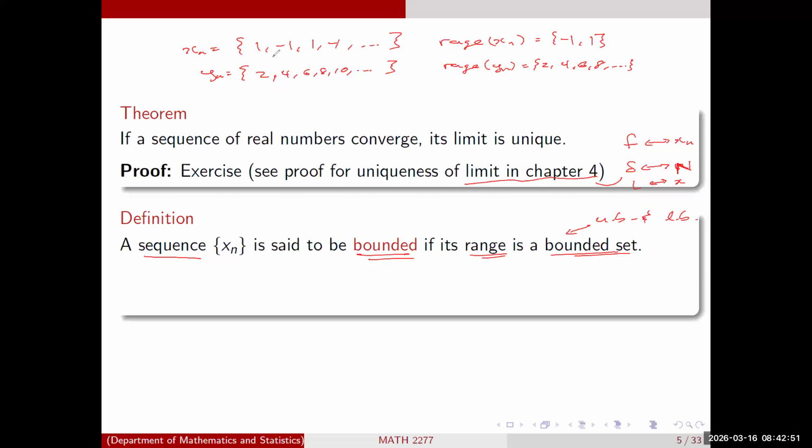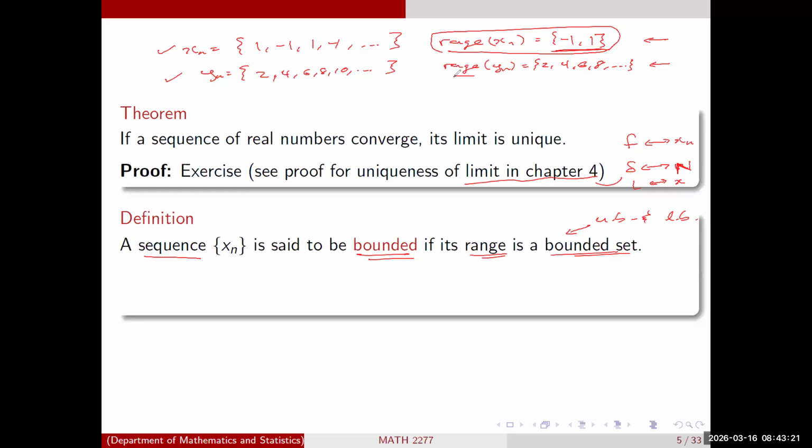Of these two sequences, x and y, which one? So we look at the range, right? Which one of these ranges is bounded? Well, it's the first one, right? Because the set containing just -1 and +1 is of course a bounded set. It has an upper bound, let's say 10. It has a lower bound, let's say -10.